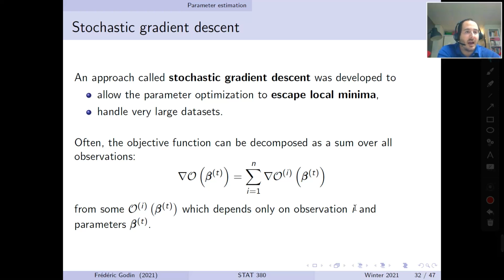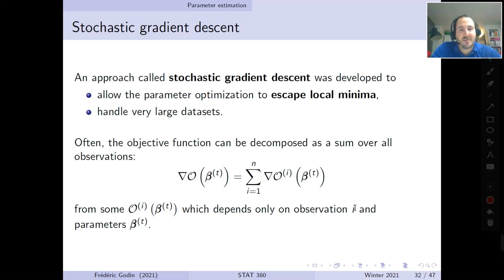But there are other areas where there's so much data that n is ridiculously large, and if you want to compute your objective function, which often involves a sum across all observations, this just isn't feasible in practice. So we need to come up with alternative methods that would be feasible in that case.